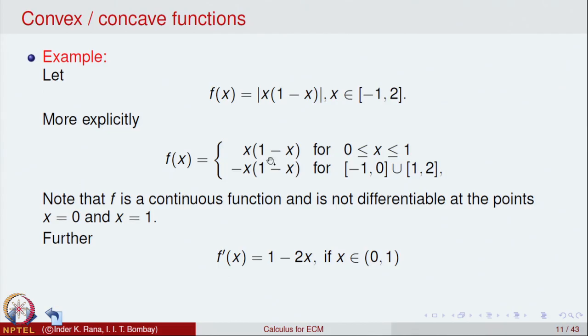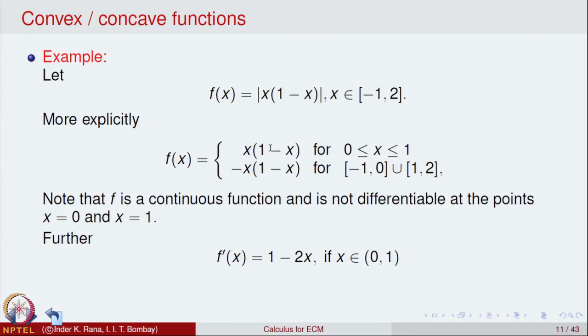First of all, the function is continuous because in the interval 0 to 1 it is a continuous function, and in the other portions also separately it is a continuous function. Only we have to bother about the points 0 and 1. At the point 0, if we look at the values coming from the left of 0, the value will be 0 times 1 minus x, that is 0.